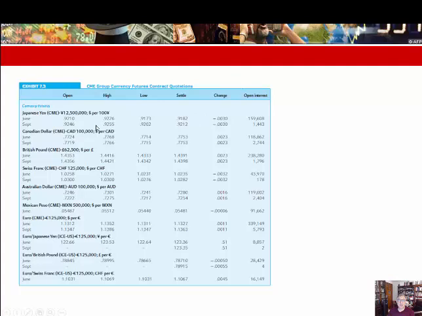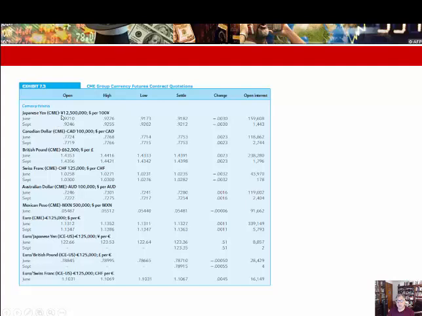In this particular case, for instance, the Japanese yen contract, which has 12.5 million Japanese yen in the contract, the prices that you see in here are US cents per 100 Japanese yen. This is a peculiarity of the Japanese yen contracts. This is not the case for all of them, as I'm going to show in a little bit.